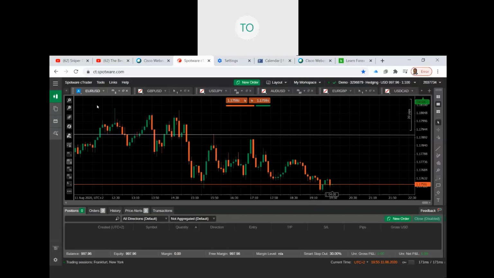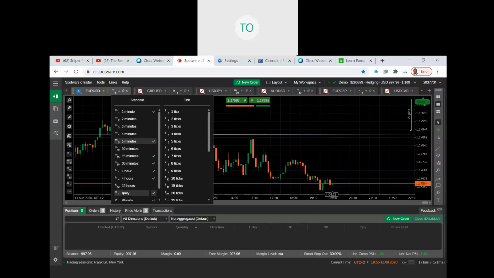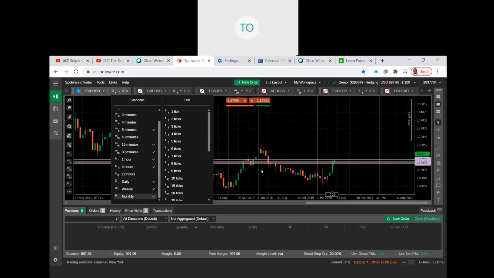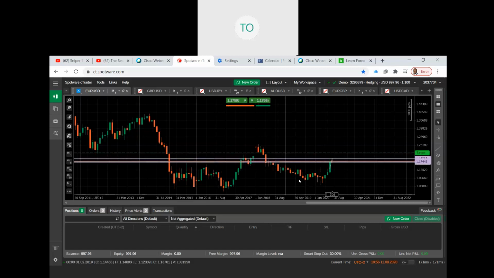Okay, so on the daily chart, monthly, yeah, this one has dates. Okay, this one goes as far back as 2011. That's a long time ago. So you can imagine they started keeping records.